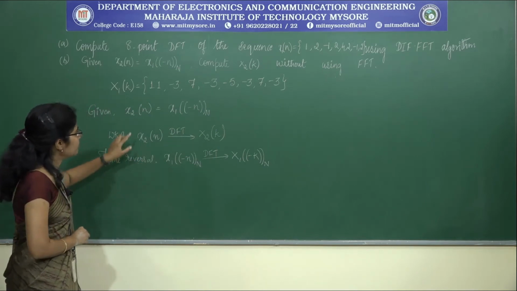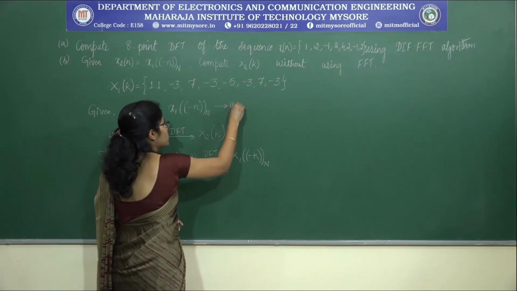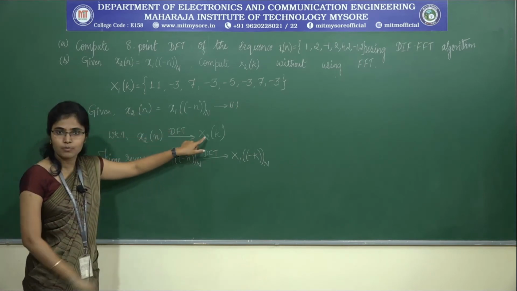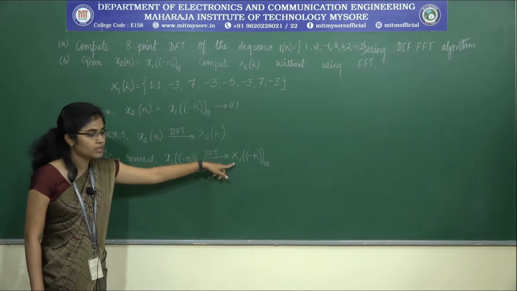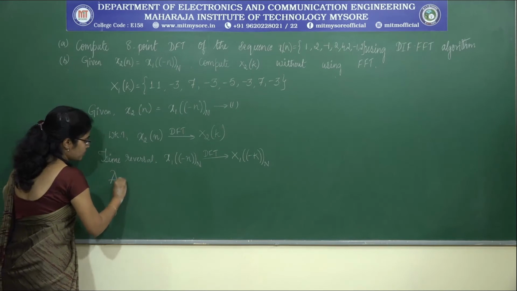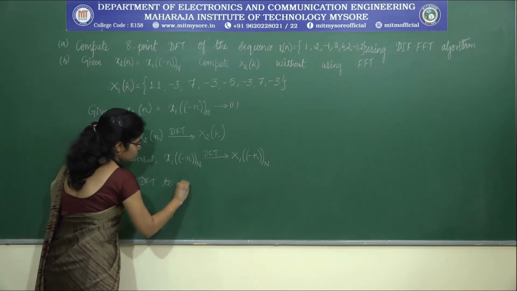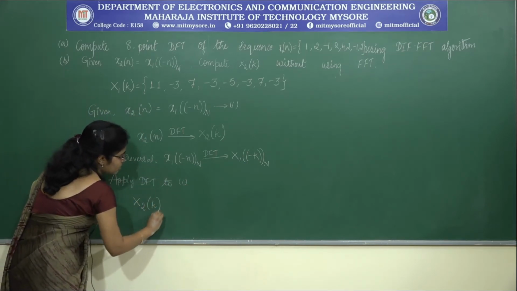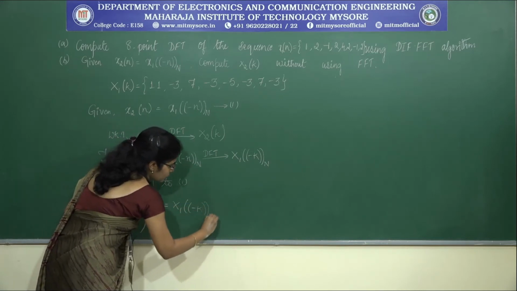Now what I need to do, if I apply DFT to this particular equation, let me term this as equation 1. Applying DFT to this, x2 of n can be replaced with x2 of k, x1 of minus n of n can be replaced with x1 of minus k of n. So applying DFT to the first equation gives us x2 of k which is equal to x1 of minus k of n.